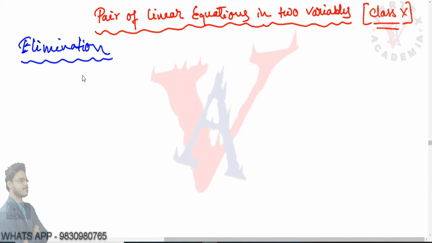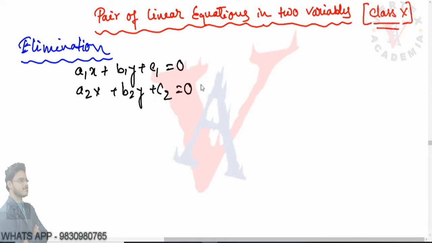Now let us suppose we have two equations: a1x plus b1y plus c1 equals 0, and a2x plus b2y plus c2 equals 0. This is equation 1 and equation 2.